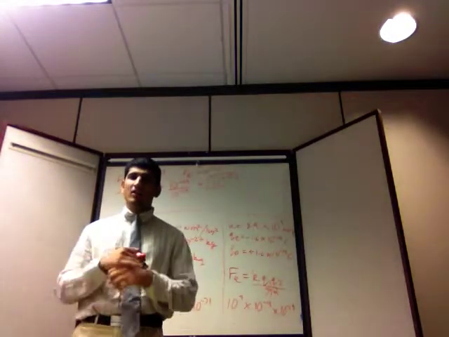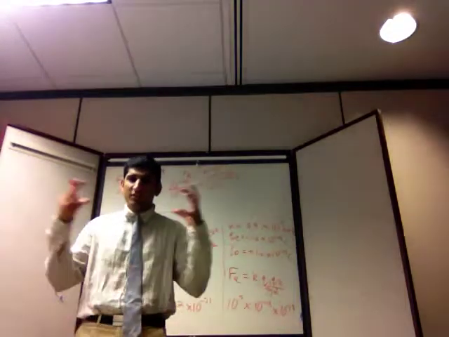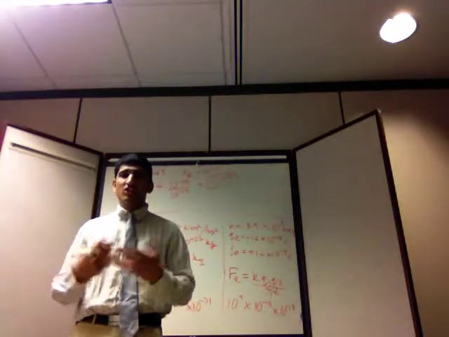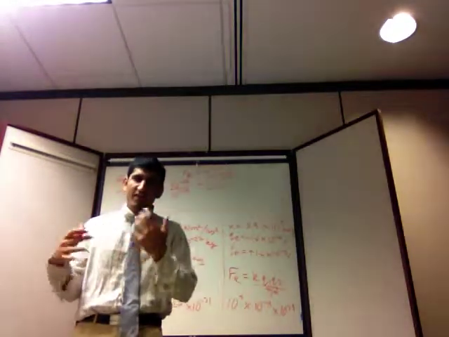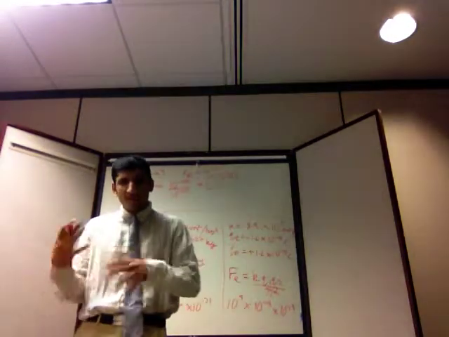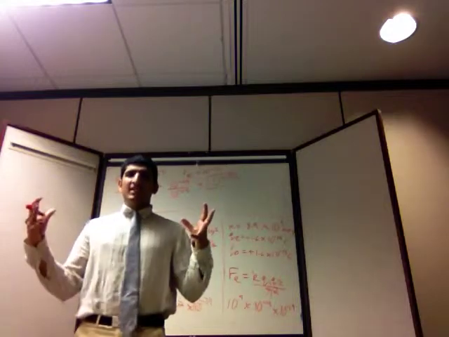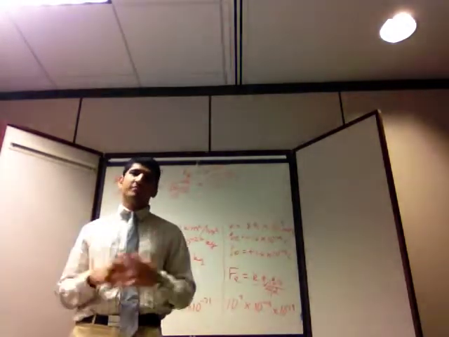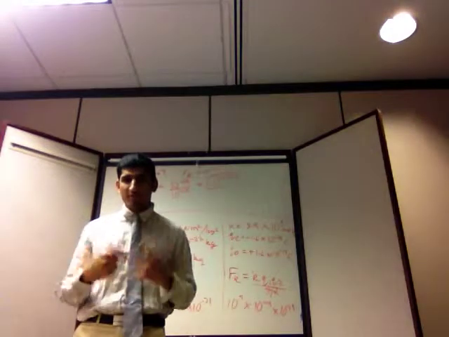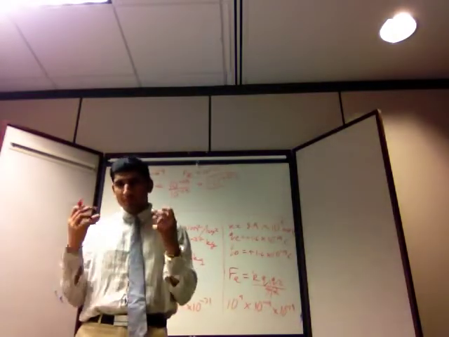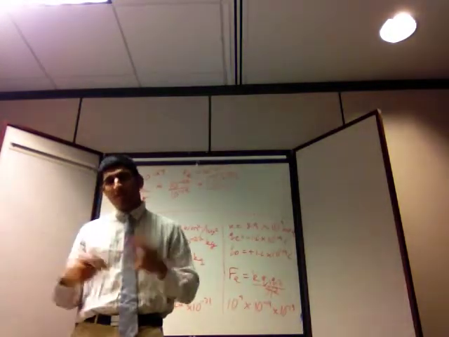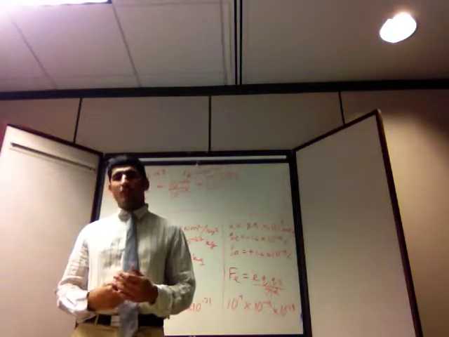On the other hand, on a large cosmic scale, when we're dealing with planets and asteroids and objects of that scale, which are neutral, they usually have an equal number of electrons and protons, or perhaps a very small difference. And they have huge masses. In that case, gravity takes effect and is the more dominant force there, even though per particle it would have a much smaller effect than the electrostatic force.